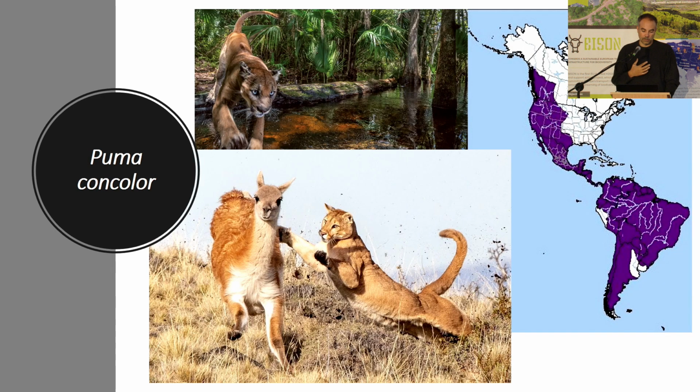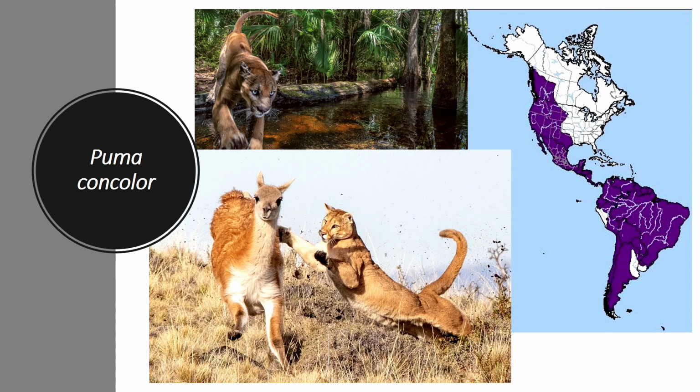The puma concolor, the puma, mountain lion, Florida panther, cougar, is probably the most widespread top carnivore in America, as it is distributed from Patagonia in the south to northern Canada in the northern hemisphere, from sea level to the high peaks in the Andes and Rocky Mountains.